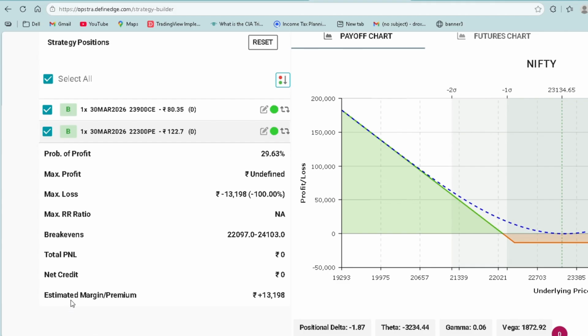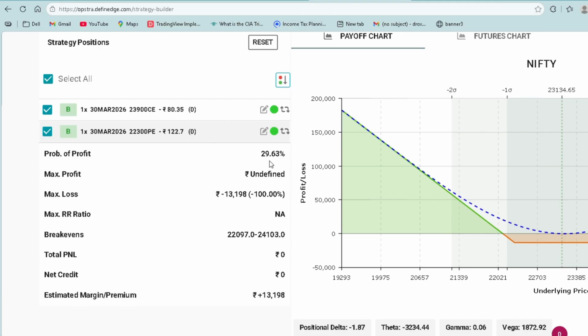And margin here is 13,198, whereas in the previous strike it was 25,700. So see, margin has come down to 13,000 compared to the previous one, and probability of profit has come down to 29%, whereas in the previous it was 40.